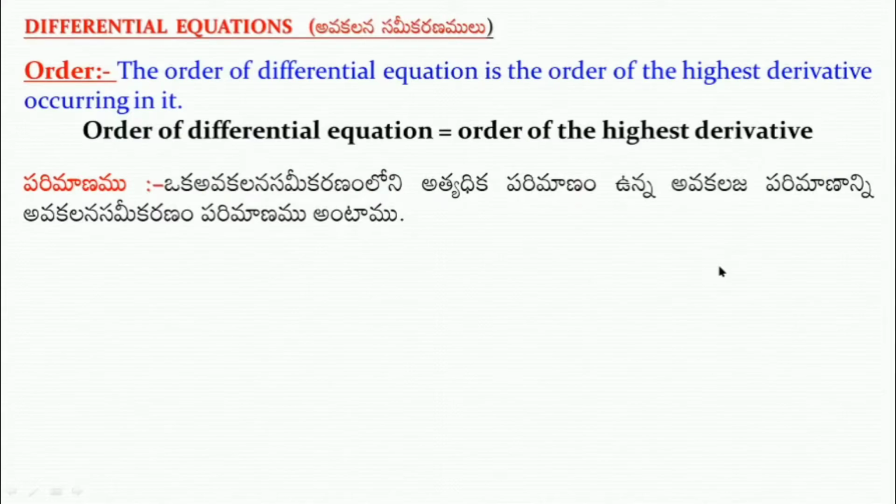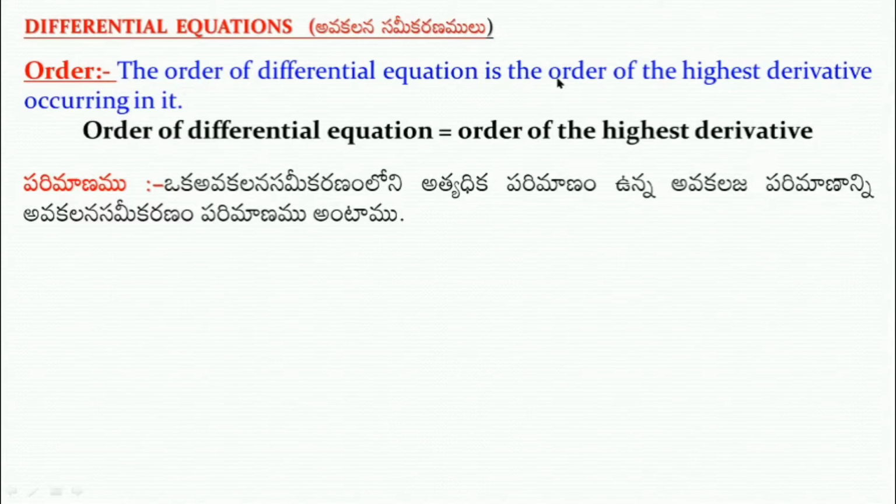Now we go to some important definitions, that is order and degree. First we define the order. The order of the differential equation is the order of the highest order derivative occurring in that equation.